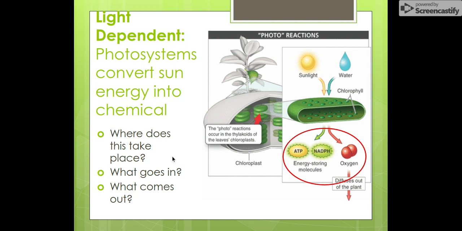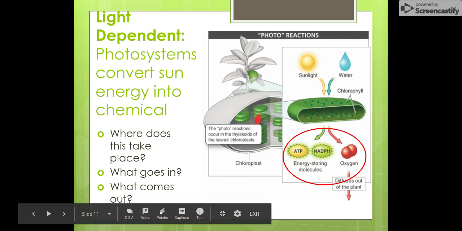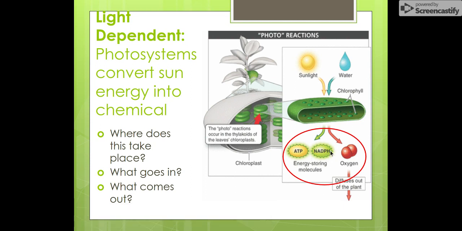So our light-dependent reactions take place within the thylakoid. We're taking in sunlight and we're taking in water, and we're producing our ATP, NADPH, and oxygen. So when we're looking at these individual two steps, our light-dependent and our light-independent reactions, we're going to look at where each of these happens, what goes in and what comes out.